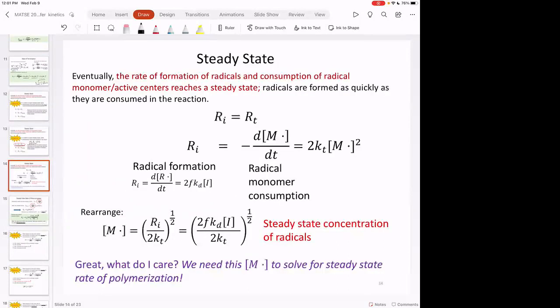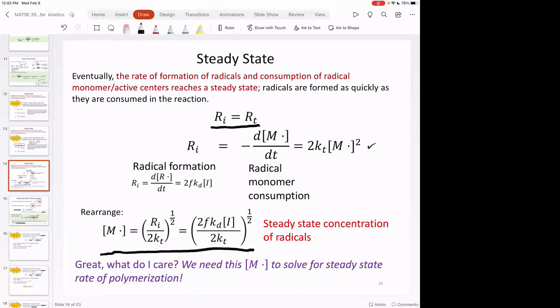All right, this is where I want to get to. I think we have just a couple more slides to go here. But once we write this expression, rate of initiation equals rate of termination, we can write down our rate of initiation. That's great. We can rearrange this expression and we can get an expression for M dot, the steady state concentration of radicals, which you don't know unless you know all these other factors.